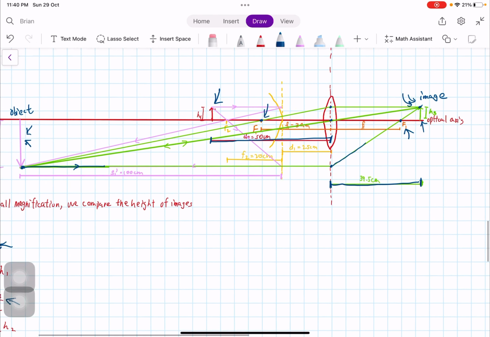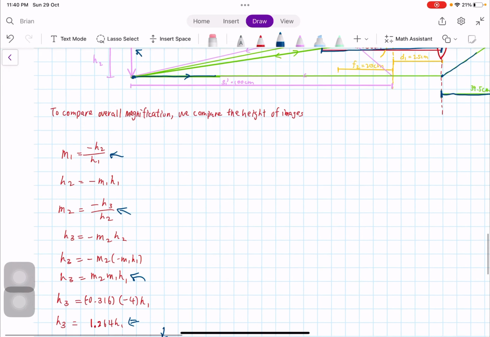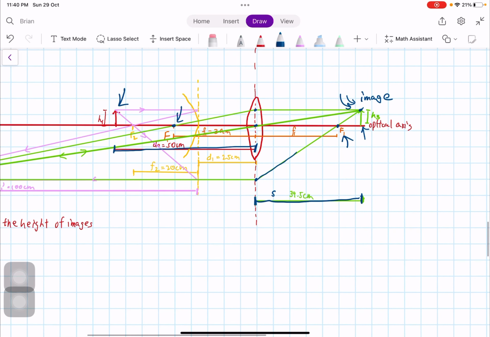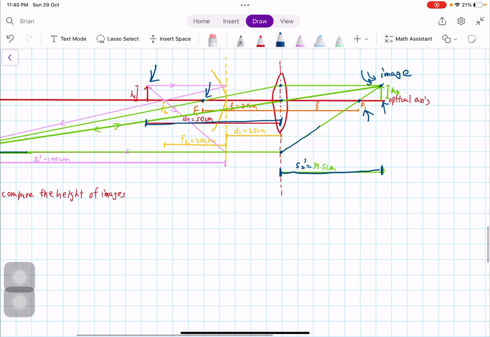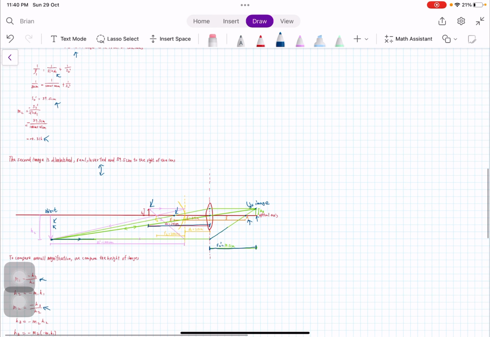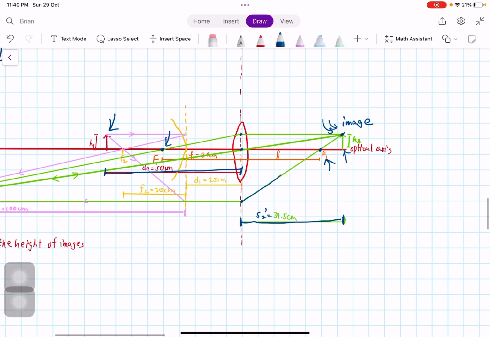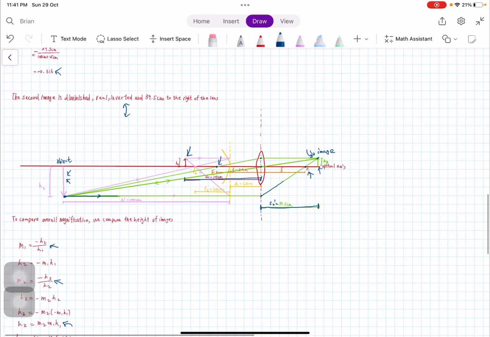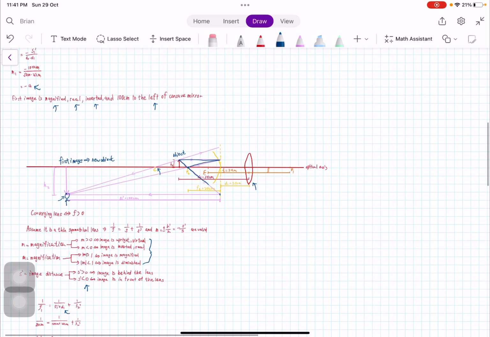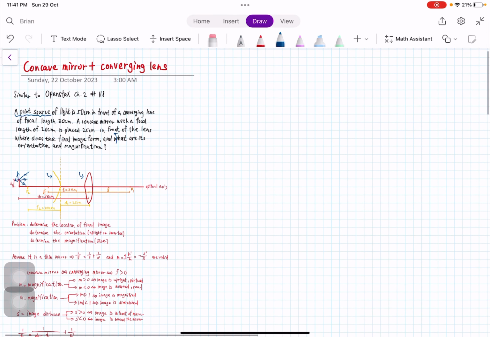So we're adding 50 and 39.5 centimeters. I should get a notation for this as S2 prime. Yes, this is S2 prime. So we are adding D naught and S2 prime to have 89.5 centimeters to the right of the point source. So this is an example of combining a concave mirror and a converging lens.